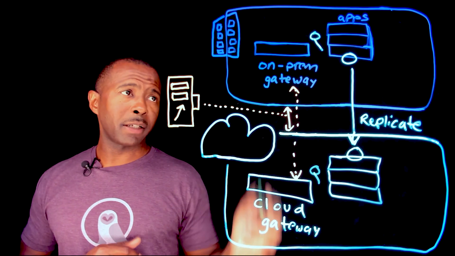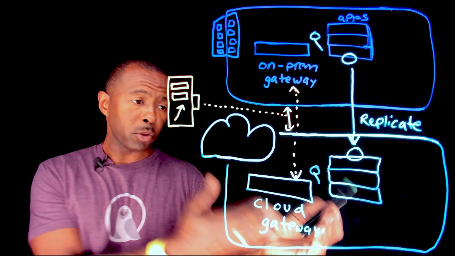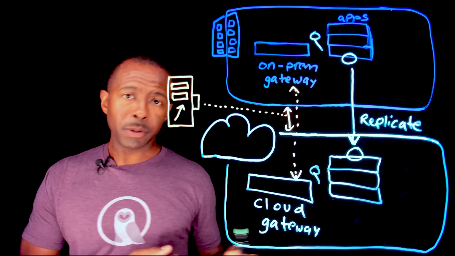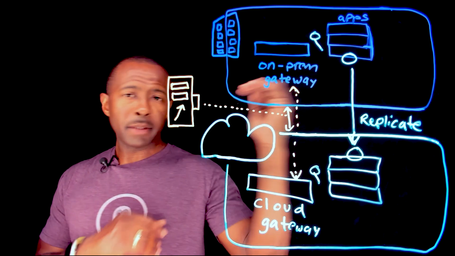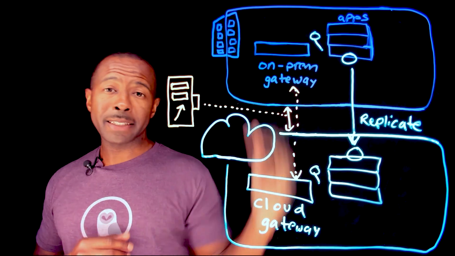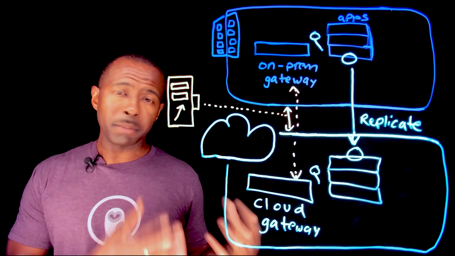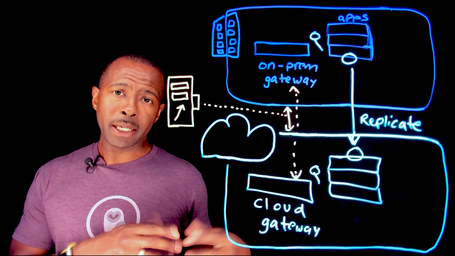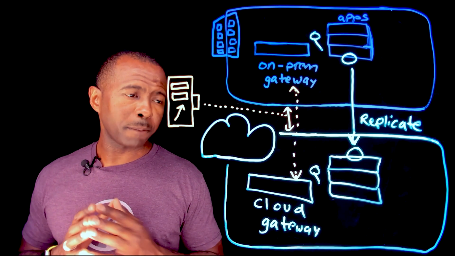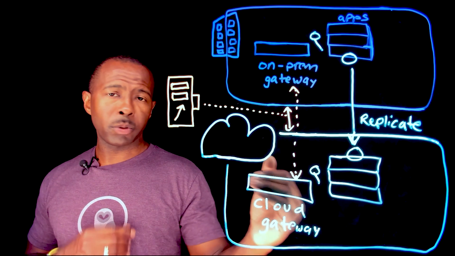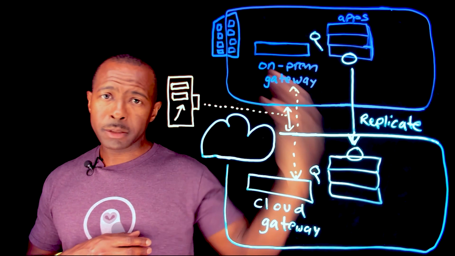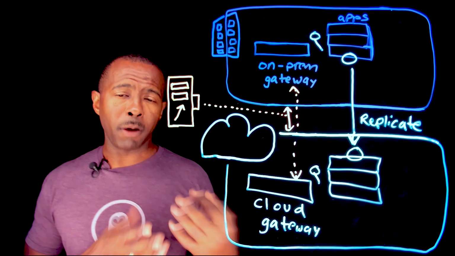Discovery is done in both places, on-prem and also within your cloud environment as well. And that takes some of the complexity out of the process by identifying what those applications are.